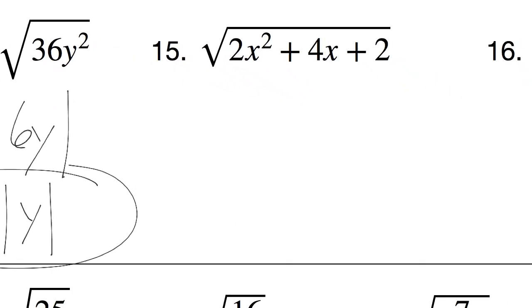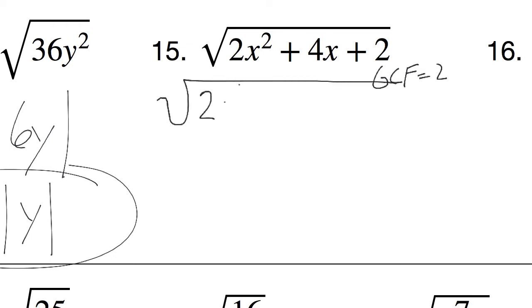Here, I'm noticing that the greatest common factor is 2. So I'm going to take the square root of 2 times x squared plus 2x plus 1.